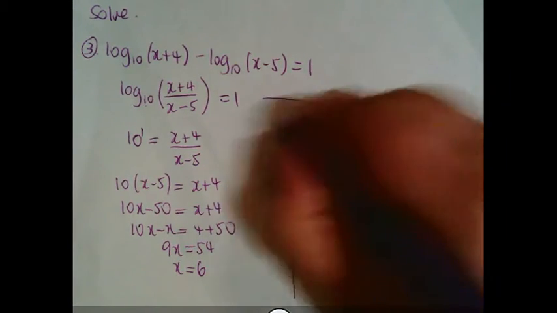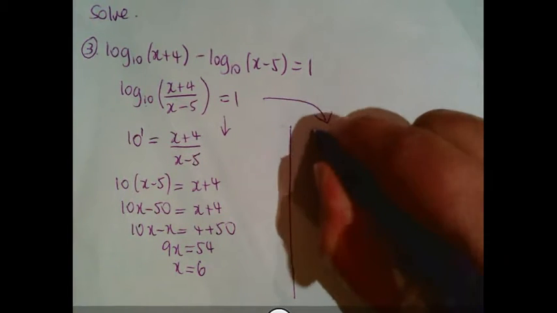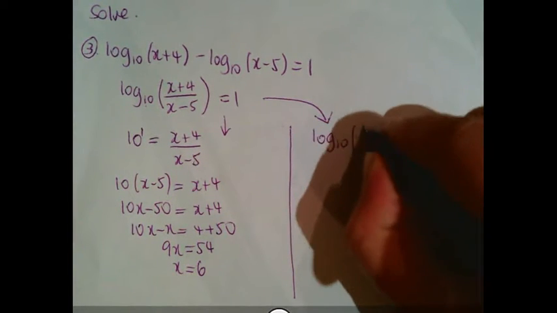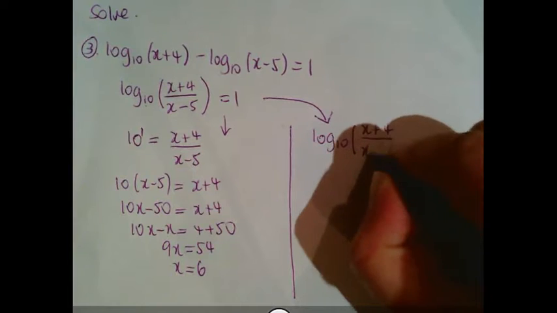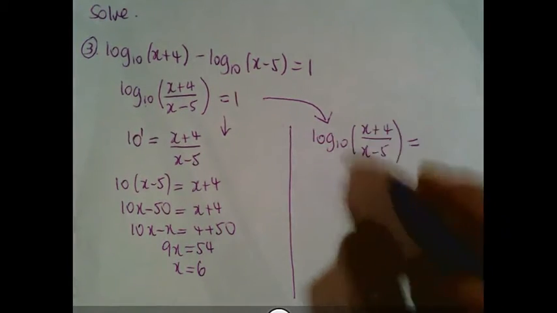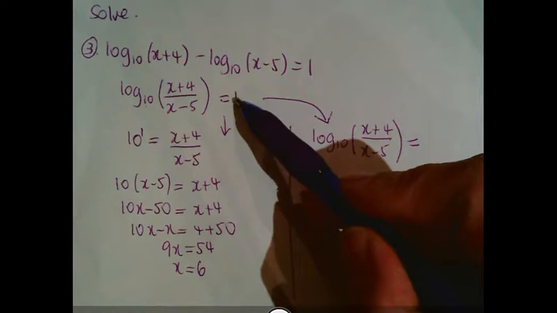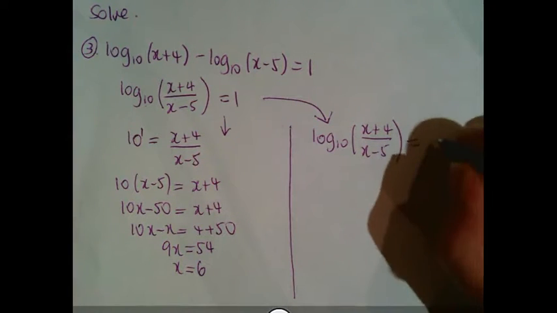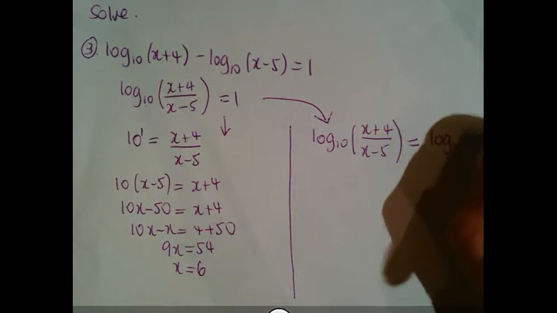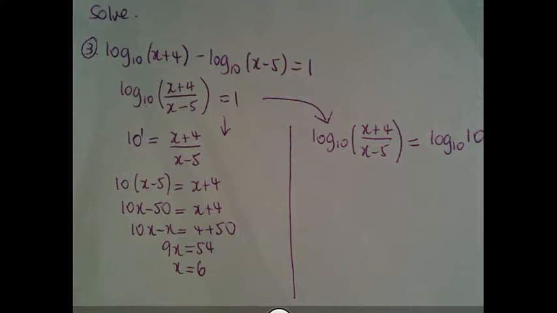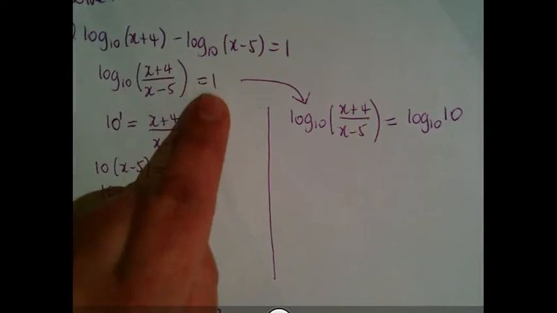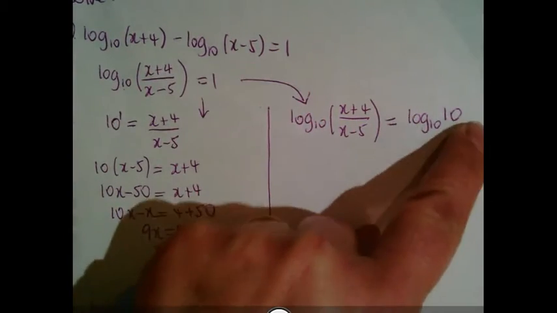Or from there, I can say, well, log to the base 10 of (x plus 4 over x minus 5) equals 1. Now I can write 1 as a log to the base 10, and I know that log to the base 10 of 10 is 1. Okay, so I'm rewriting the 1 as log to the base 10 of 10.